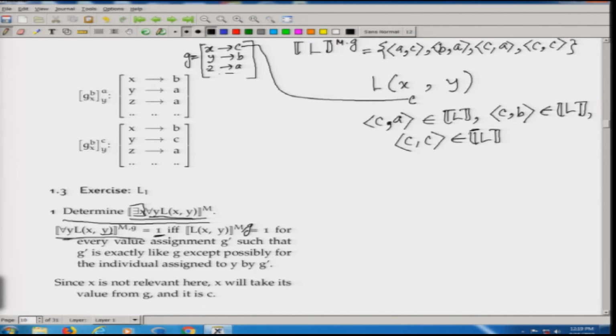It means that Y will have A, B, C, and C has to have this coupling with the varying Y. All these three things must be members of the set which is the denotation of L.